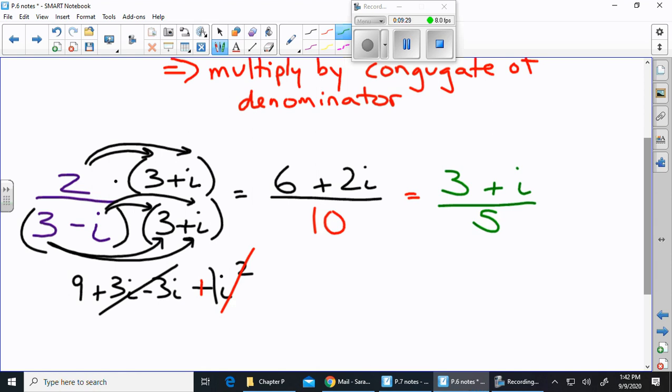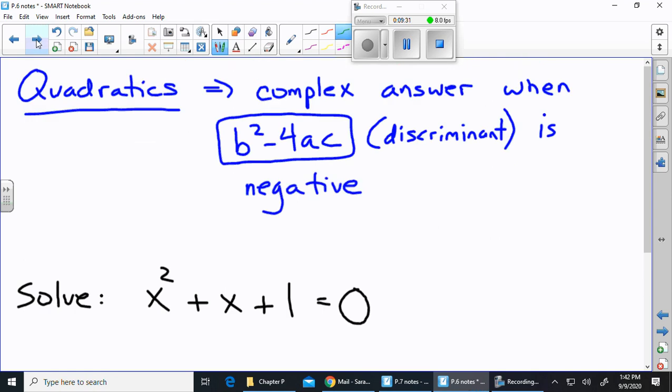So that's division. The only other thing, just remember, which we should have already gone through, if we're solving a quadratic and we get that b squared minus 4ac, which is the discriminant, to come out negative, I'm going to have i in my answer.